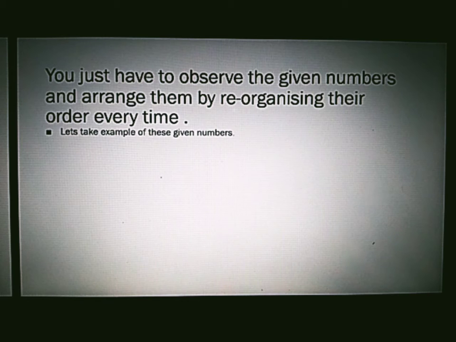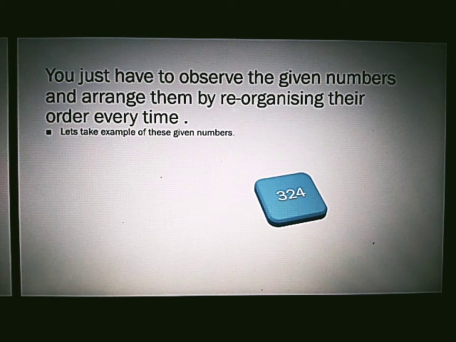You just have to observe the given numbers and arrange them by reorganizing their order every time. Let's take example of these given numbers. Suppose given numbers are 3, 2 and 4, or 324. You just have to reorganize the given numbers in this manner.